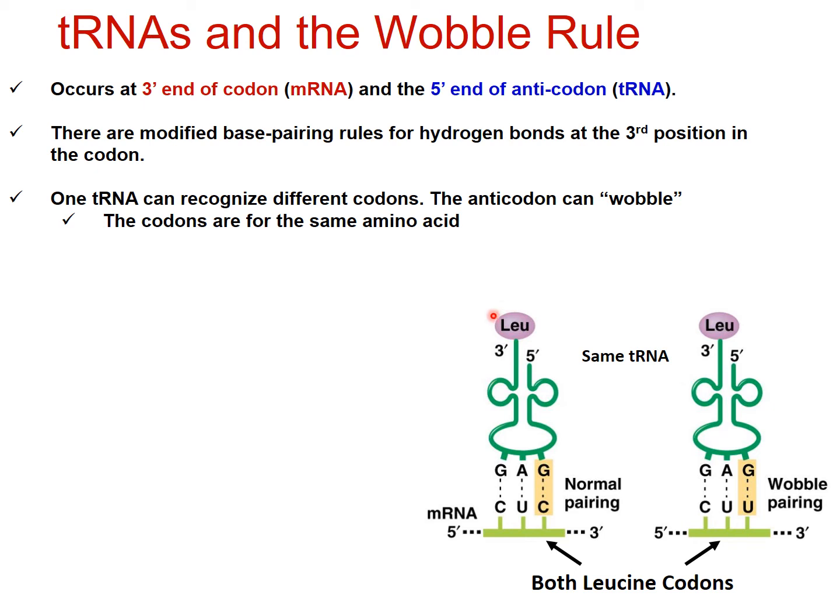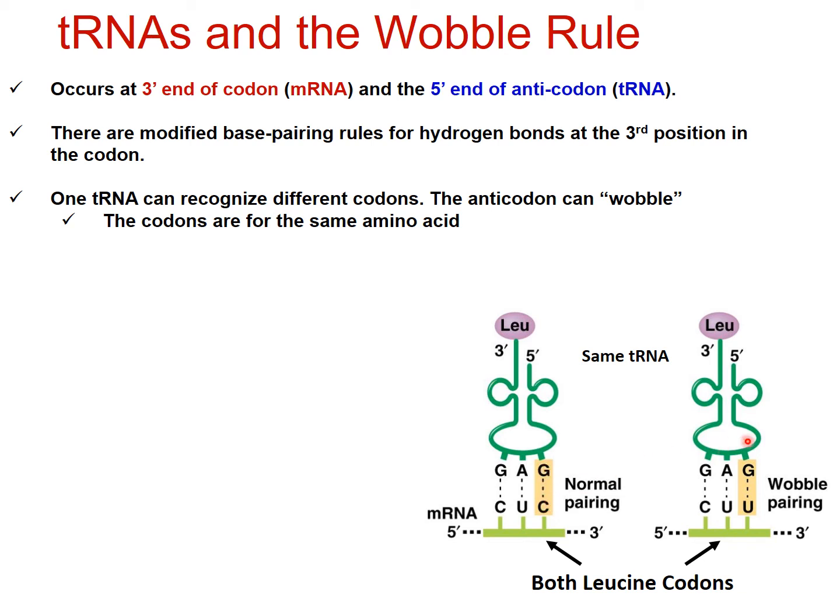So here is an example of a charged leucine transfer RNA pairing with messenger RNA. You can see there's a normal base pairing that you would expect at this position, right? Here's the 5' end of the transfer RNA, and this is the 3' end of the messenger RNA. So we get the correct base pairing.